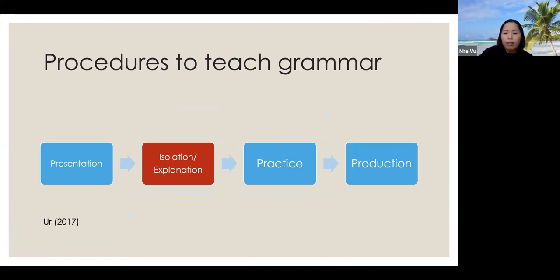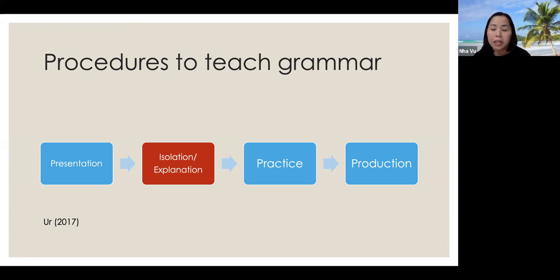One thing that is different is production, which could be a task that the student has to do. If you reflect on the different types of activities in some of the books, I think they follow this kind of flow.